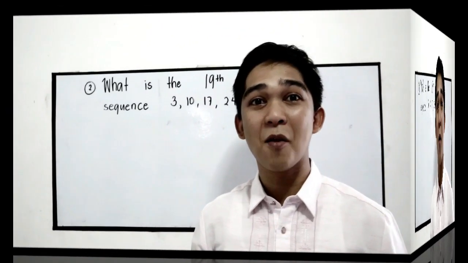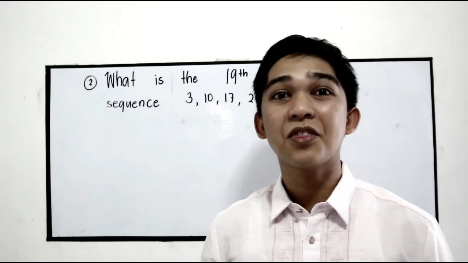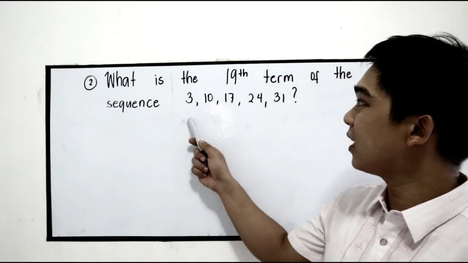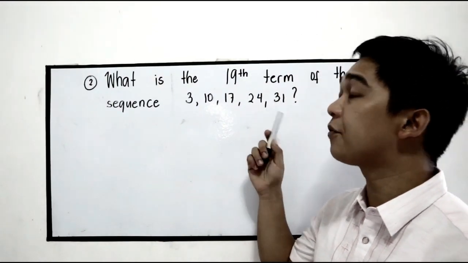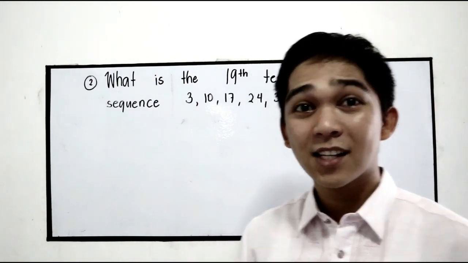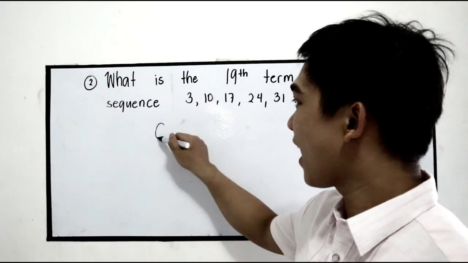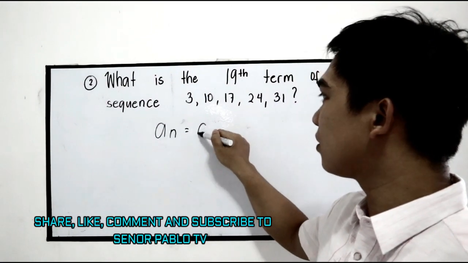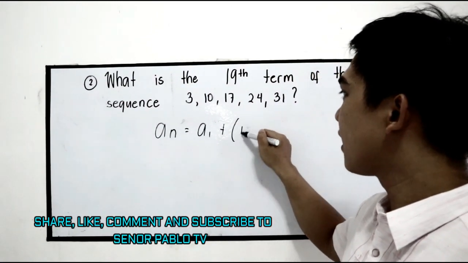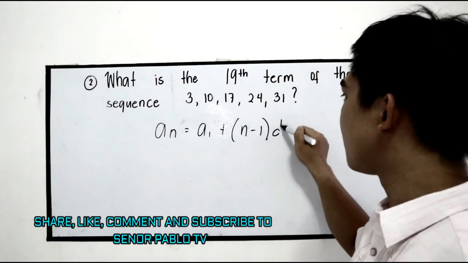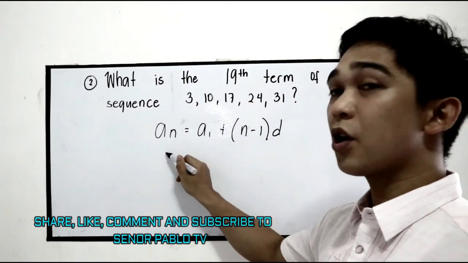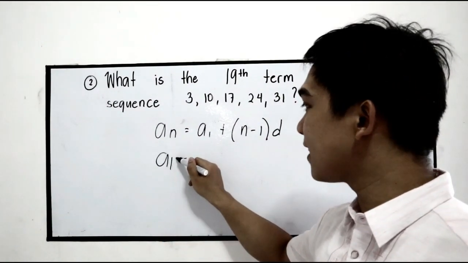And now second example. What is the 19th term of the sequence 3, 10, 17, 24, 31? Let us use the formula an is equal to a1 plus n minus 1 times d. We're going to find a19.